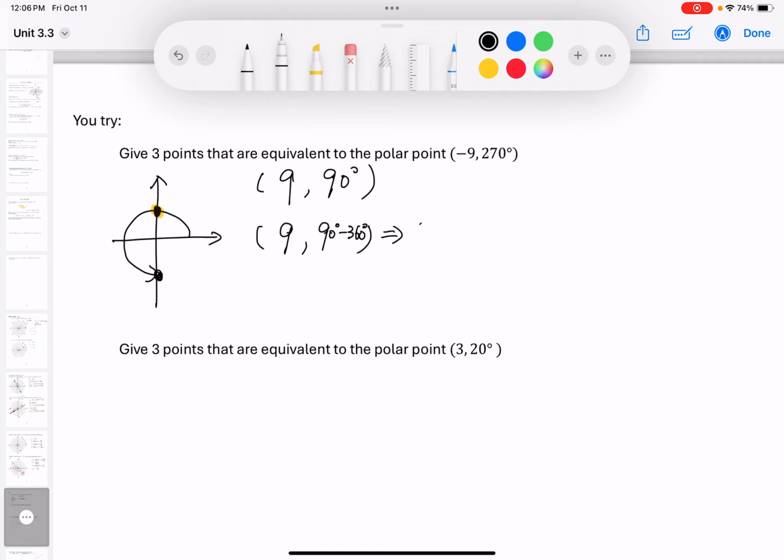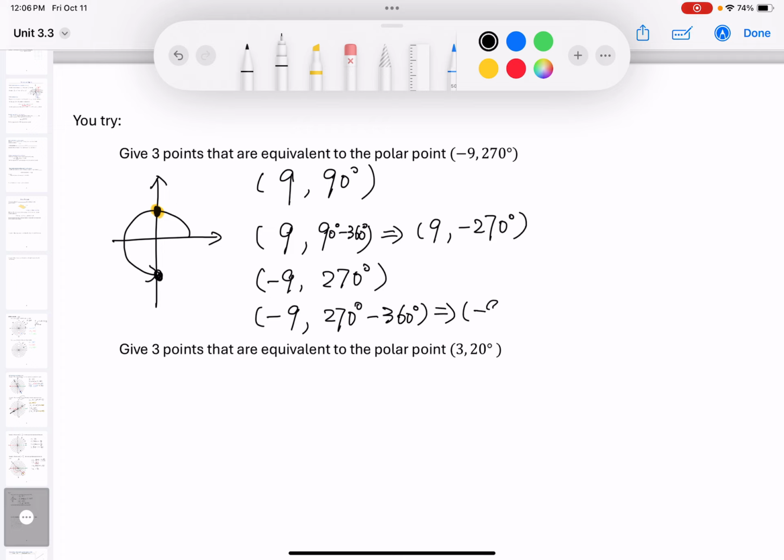So this is 9, -270 degrees. And how about a negative angle? The given point is -9, 270 degrees. And the last one is -9, comma 270. Find its coterminal, -360 degrees. It is -9, comma, -90 degrees.